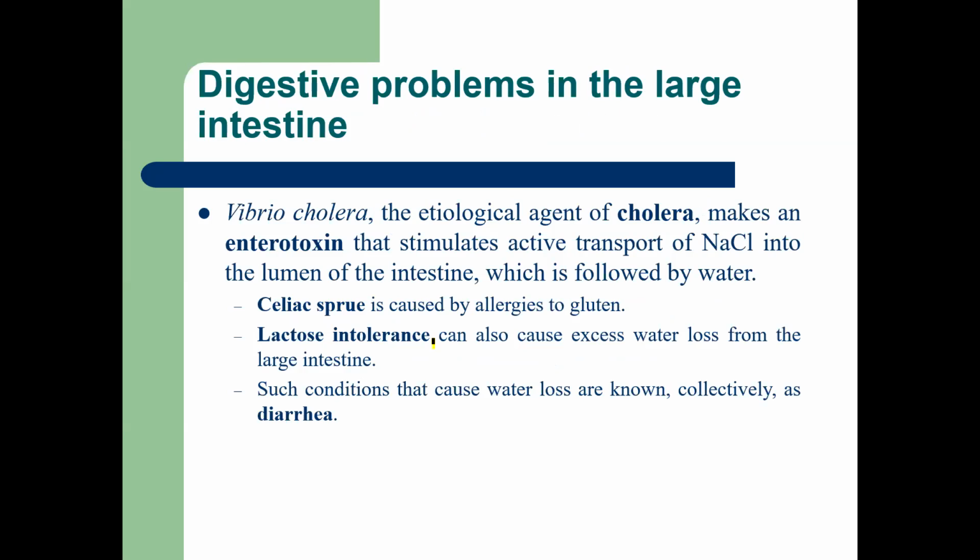So for example, there's an enterotoxin made by Vibrio cholerae that stimulates active transport of sodium and chloride. Water follows, and you can lose enormous amounts of water in a kind of rice stool diarrhea. And you basically shrivel up like a prune and die.